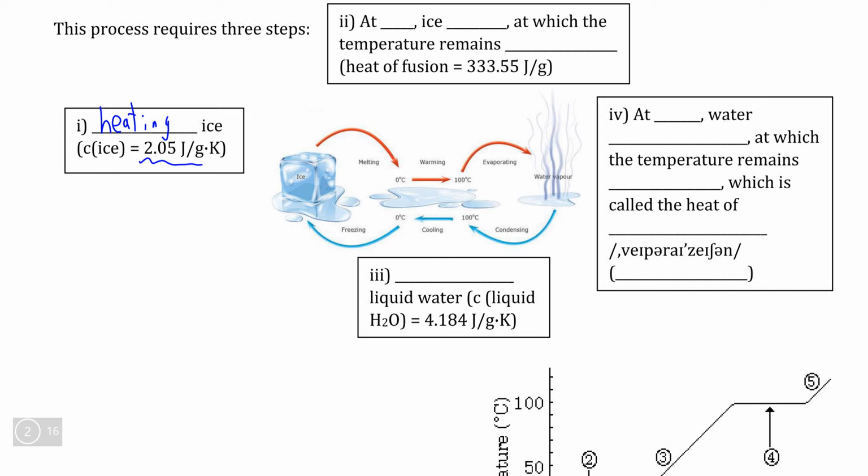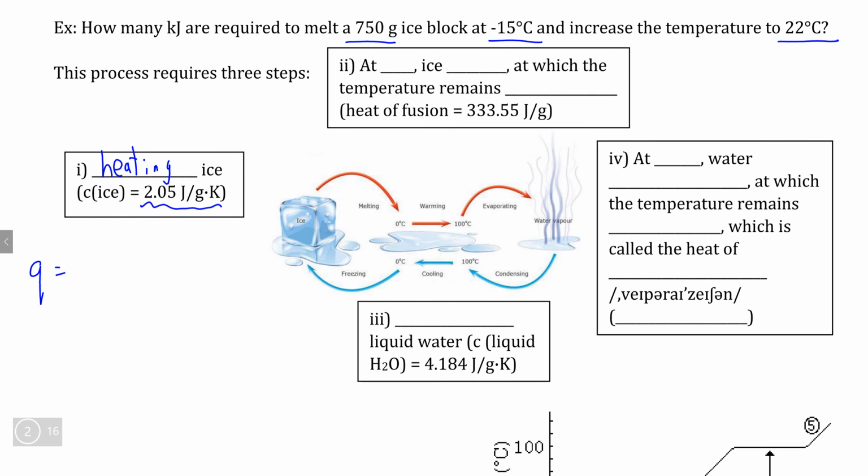We see that ice has a different specific heat capacity than liquid water does, but our formula works just the same. So Q, our total heat, is equal to the mass of the ice block, which is going to be 750 grams. Again, note two significant digits, and we multiply this by our specific heat capacity of ice, 2.05 joules per gram per degree Kelvin.